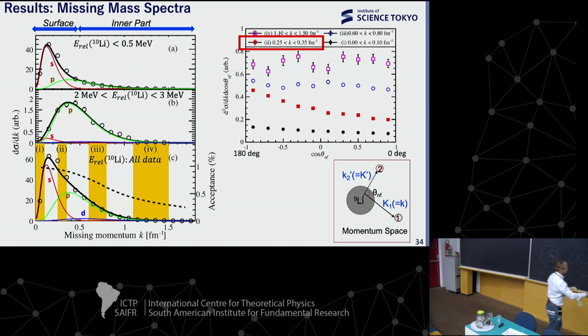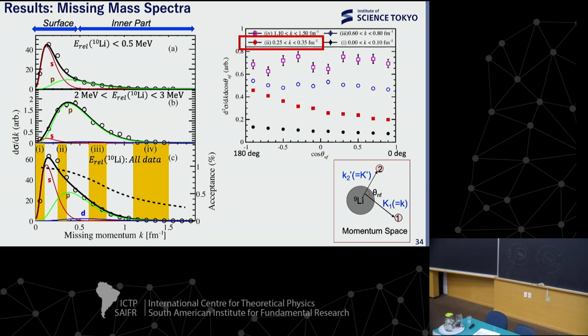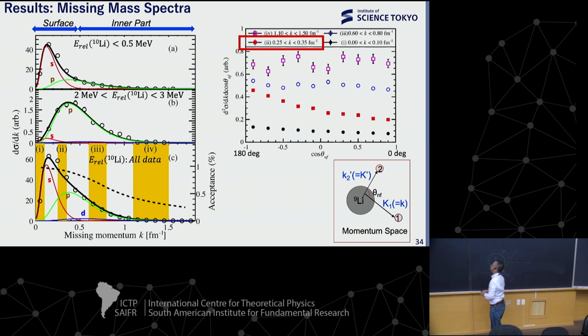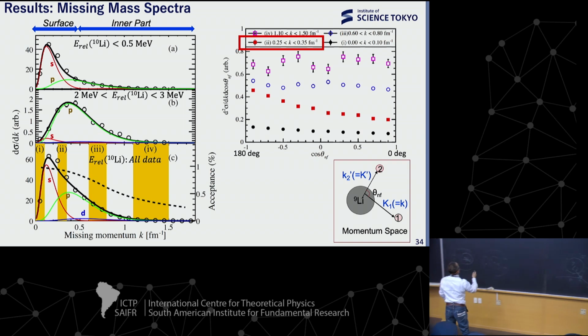So as I said, lithium-9. For the missing momentum, we measure this neutron, and this is just knocked out by the proton, like this. And after, we have another neutron here, a spectator neutron. So this is like lithium-10, actually. Yes, that is the relative energy, as I say here.